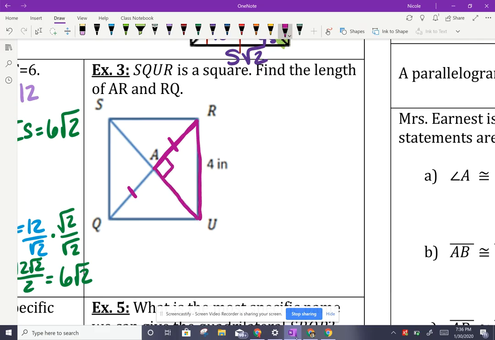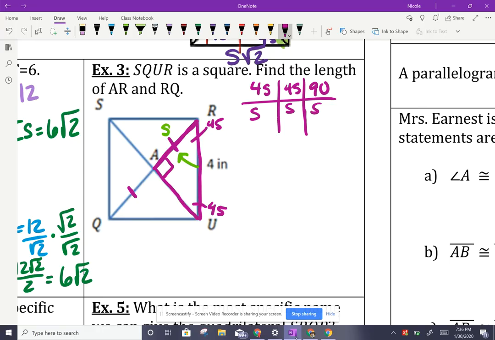Here's my right angle, and then these angles are 45 and 45. And I'm trying to find one of the 45s from this side. So I'm going to put S here. So that gives me 45, 45, 90, S, S, S root 2.